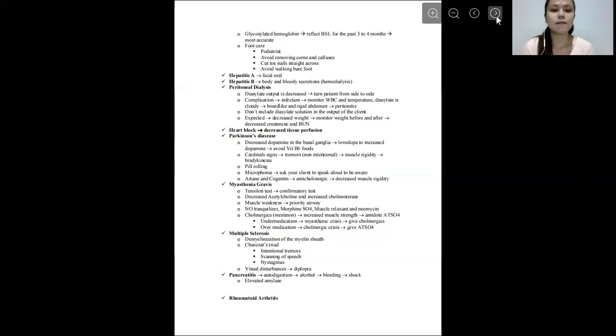Hepatitis B, through body and bloody secretions. It is acquired through sexual activities, blood transfusion, or sharing needles.